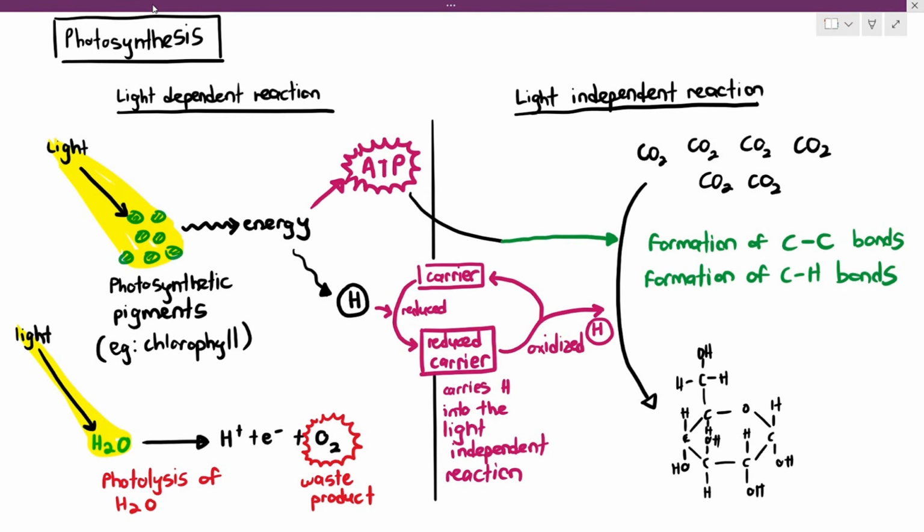In the light-dependent reaction, we want light energy to be harnessed so that ATP can be made and also get some hydrogen atoms. Photolysis of water also needs to happen. In the light independent reaction, the ATP and the hydrogen that we have obtained earlier is used to help in the formation of carbon-carbon bonds and carbon-hydrogen bonds so that an organic molecule such as glucose can be synthesized.